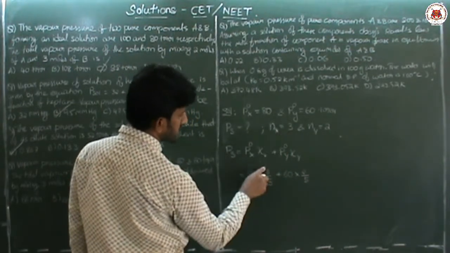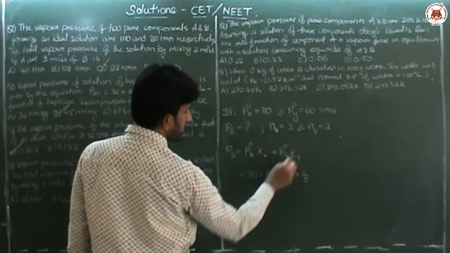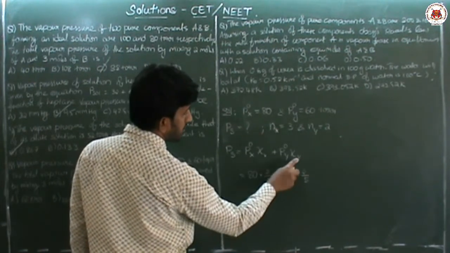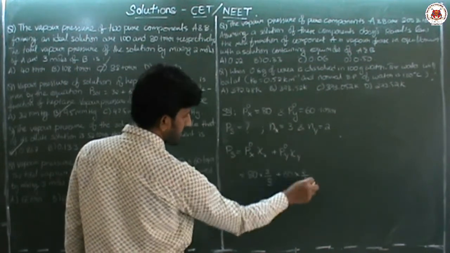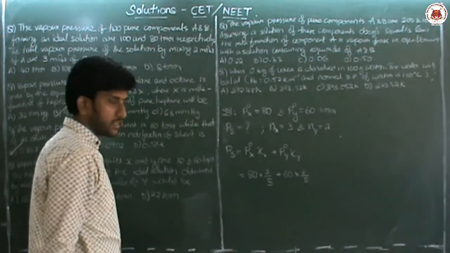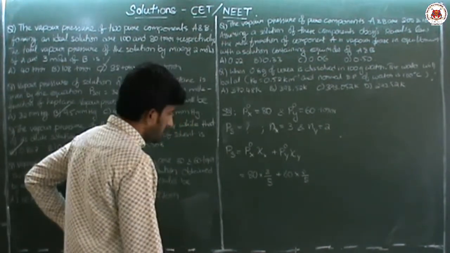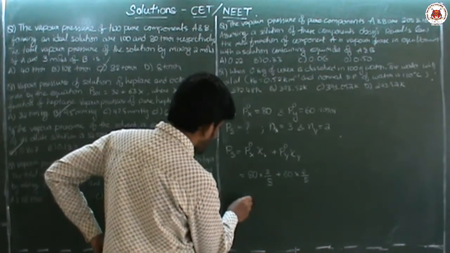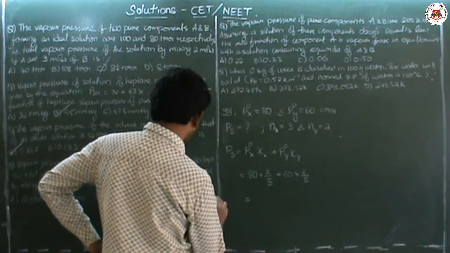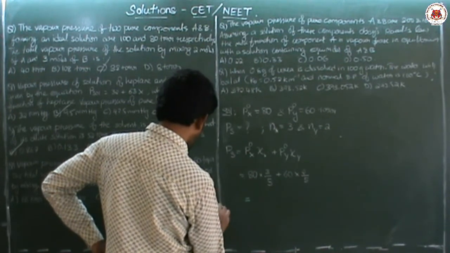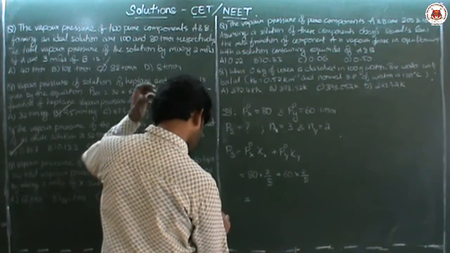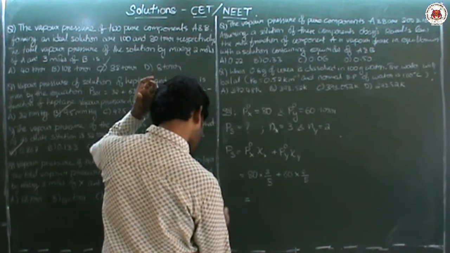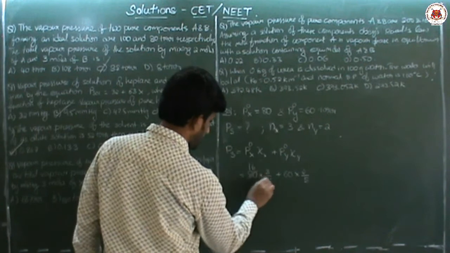The number of moles of X is 3, total moles 3 plus 2 is 5. Here the mole fraction of Y means the number of moles of Y by total moles, 2 by 5. Now how many times will it go? 25 goes into 80 sixteen times.